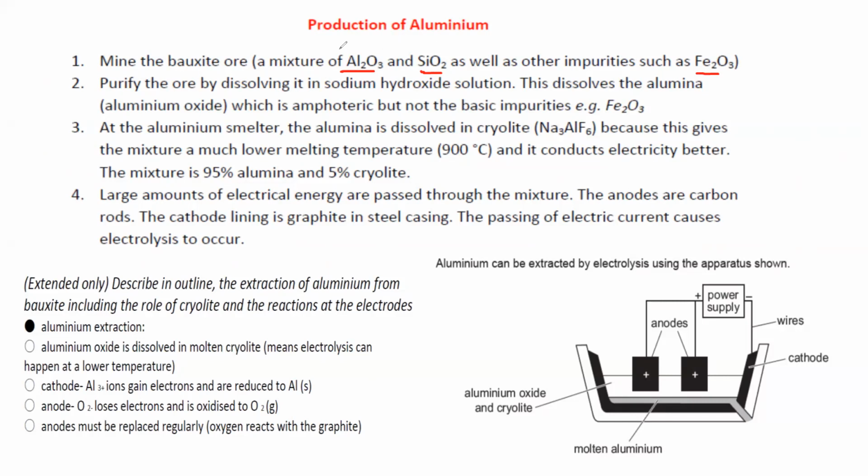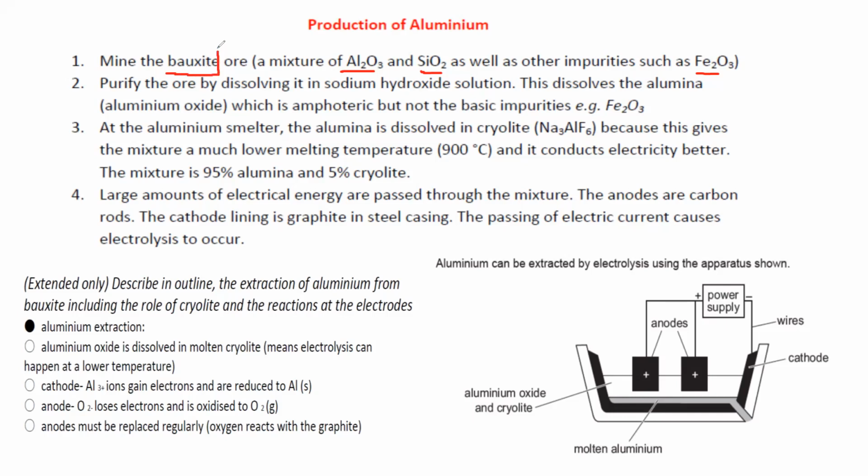We call this the ore of aluminium, where ore means a naturally occurring compound. In nature, aluminium exists as aluminium oxide and contains some impurities such as silicon oxide, sand, as well as iron 3 oxide.